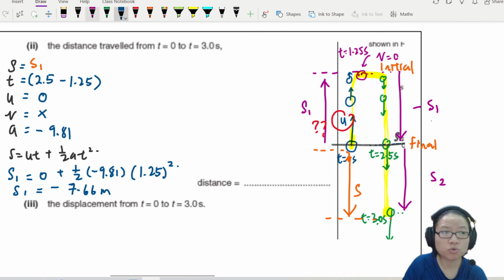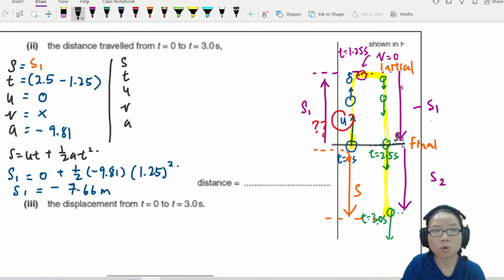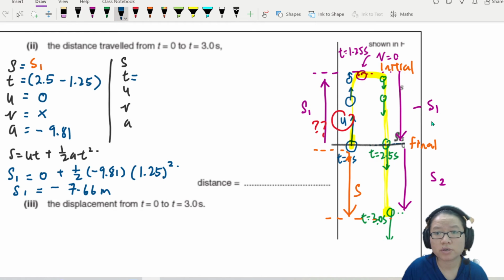So for S2, you need to STUVA all over again. Why? Because the time interval is now different. If you are treating this one as S2, let me change color for this. Let's use green. S2. So now this one is your initial, down here becomes your final.